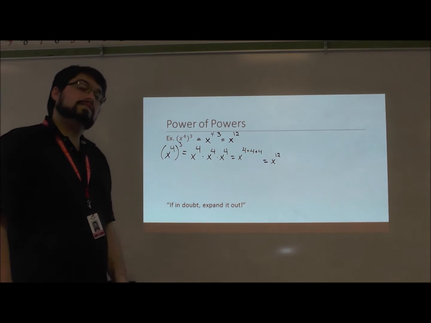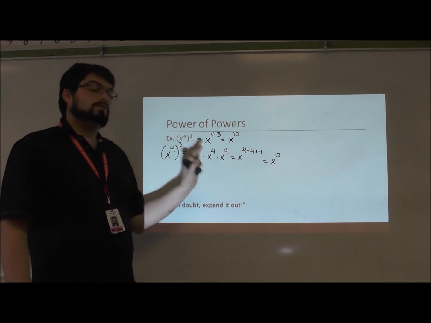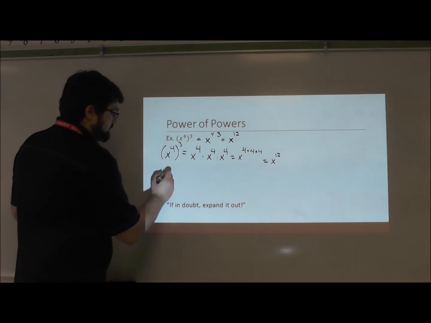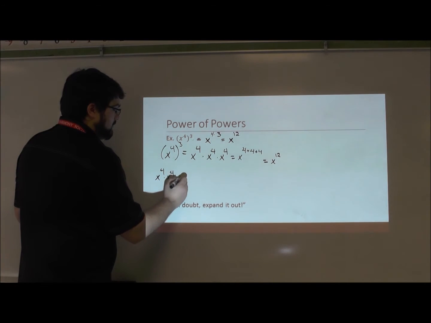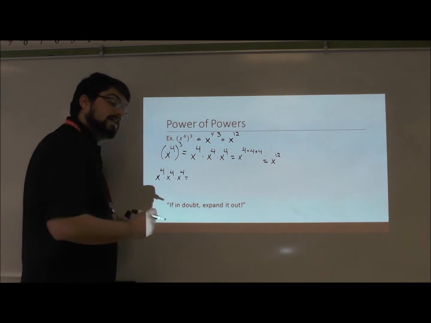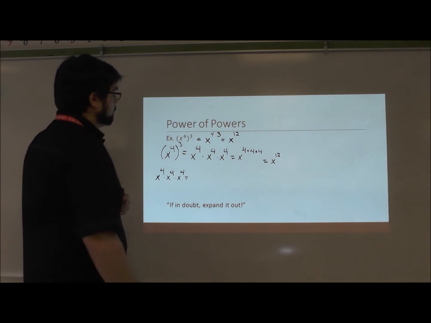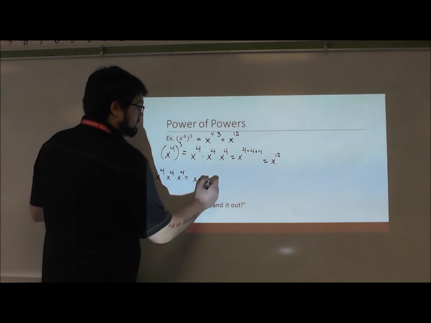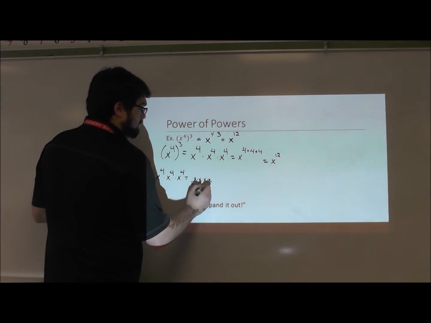And if you're still not convinced, I can separate every single one of those x to the 4th. So let's do that. So here's x to the 4th times x to the 4th times x to the 4th. So I get x times x times x times x, all multiplied together.